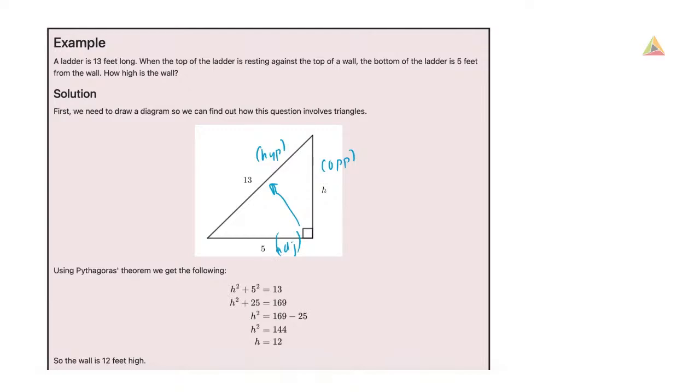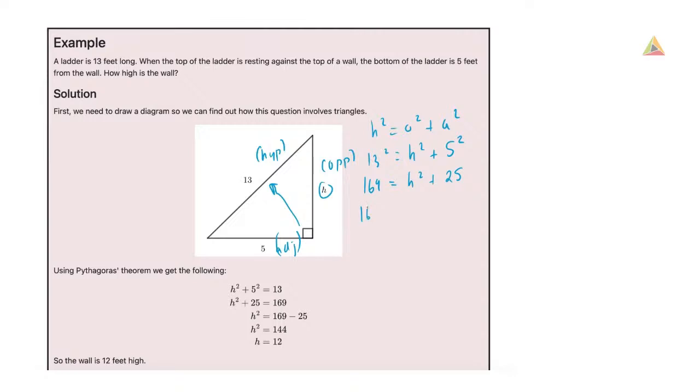So the rule is the hypotenuse squared is equal to the opposite squared plus the adjacent squared. So 13 squared is equal to the opposite squared, which is h in this case, so h squared, plus the adjacent squared, which is 5 squared. 13 squared is 169, which is equal to h squared plus 25. Same idea: you want to bring numbers to one side, letters to the other.